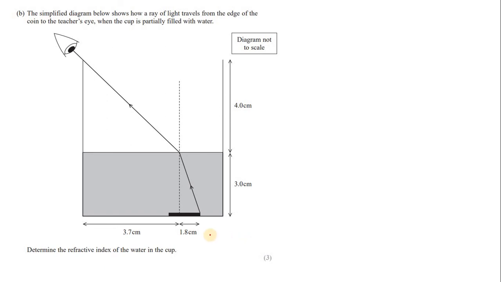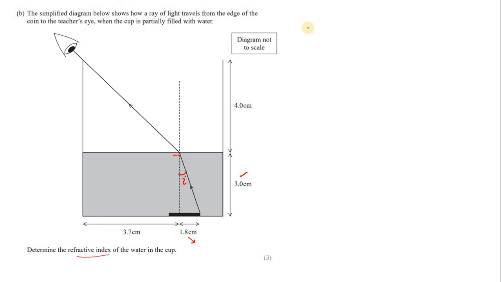The idea is, if you need to find the refractive index, you need either the speed of light, which is not given, of course, or the angle. In this case, first we need to figure out the angles, the angle of incidence and the angle of refraction. So this is the incident angle, I. Clearly, we have a right angle triangle. This is opposite, 1.8, and this is adjacent, 3.